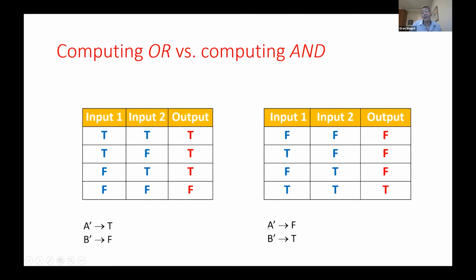And under another assignment, we assign to A tag the truth value false, and to the state B tag the truth value true. We get this table, that is the AND table. So in this case, we consider the same system as computing either OR or AND.